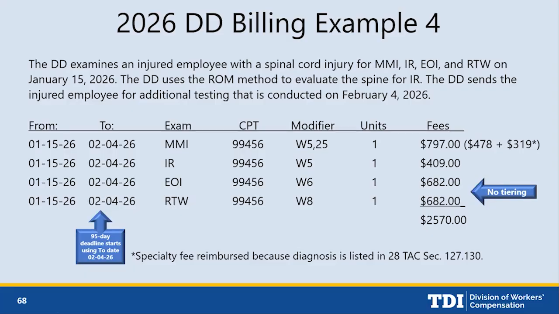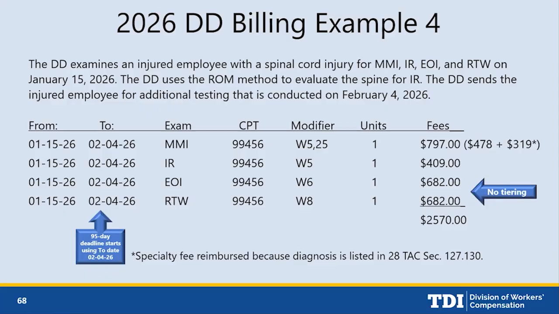But again, they could use either one for the impairment rating. The designated doctor sends out the injured employee for additional testing. So the exam originally happened on 1/15. The additional testing happened on 2/4, February 4th.